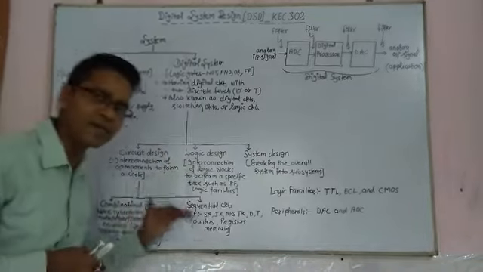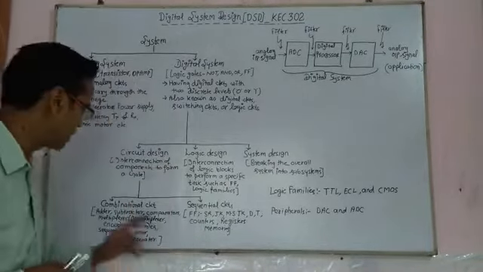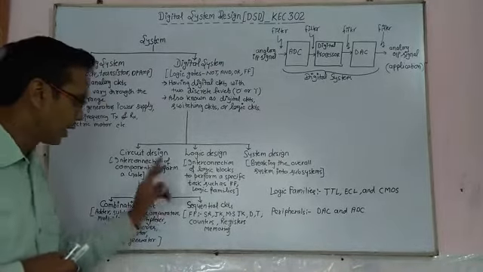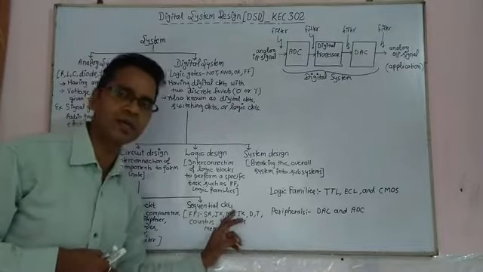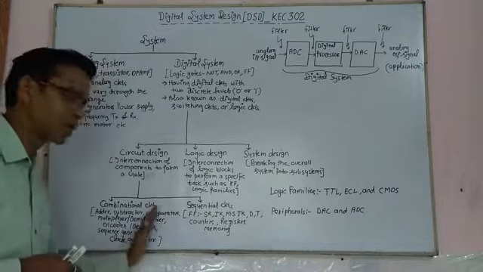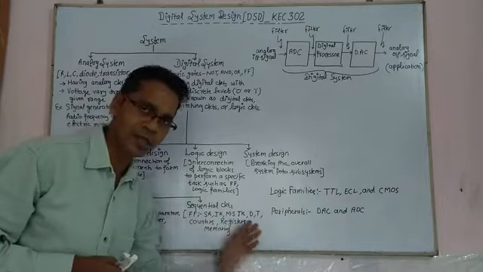Circuit design is further divided into two categories. One is combinational circuit and the second is sequential circuit. What are the combinational circuit and the sequential circuit?